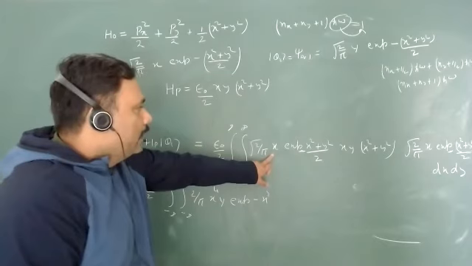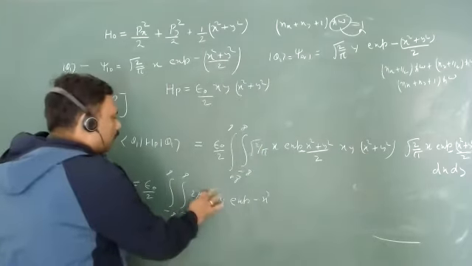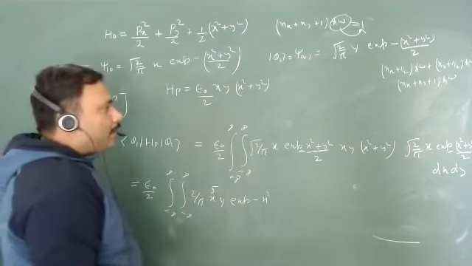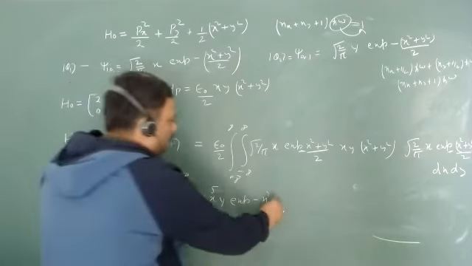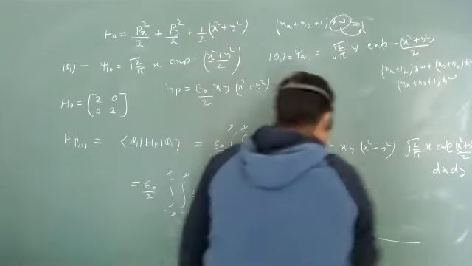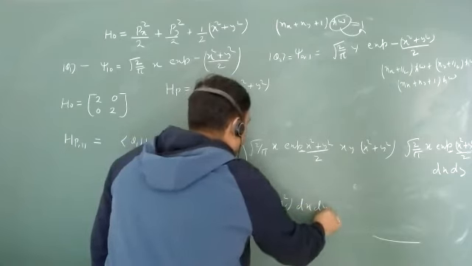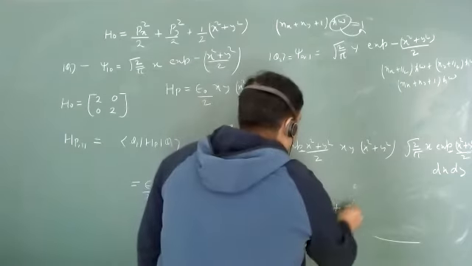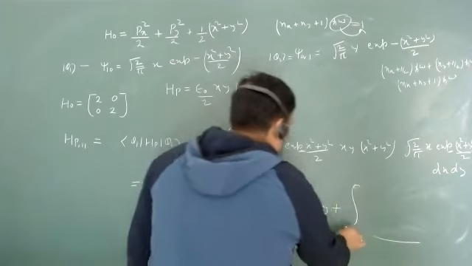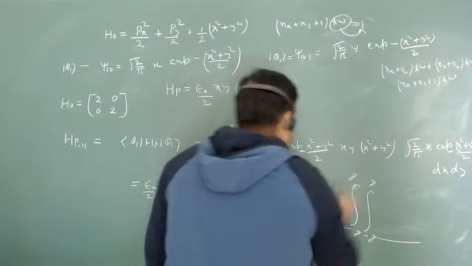So there is 1x, 2x, 4, and that will be 5x. X to the power 5 into y, e to the power minus x square plus y square, this into this. Here we have dx dy, plus second integral minus infinity to plus infinity.